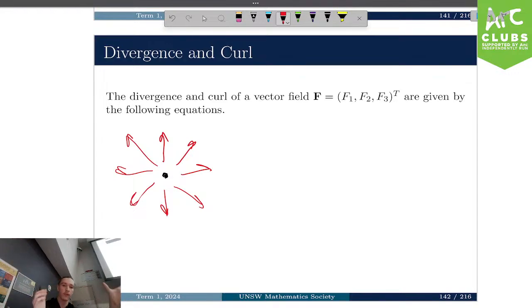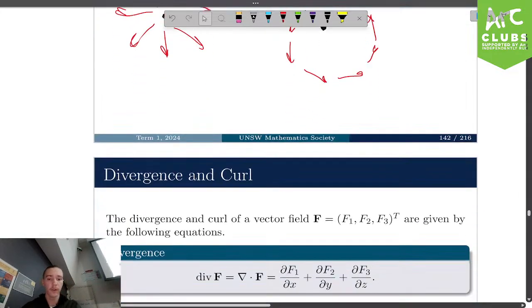It's diverging away from the point. And then, obviously, if it goes into the point, it's negative. And then curl just means how much it curls around a specific point. Like this, so a bit like a whirlpool.